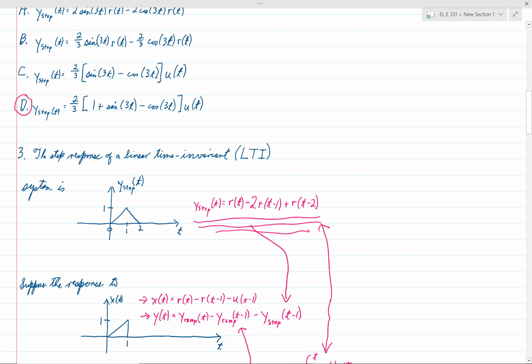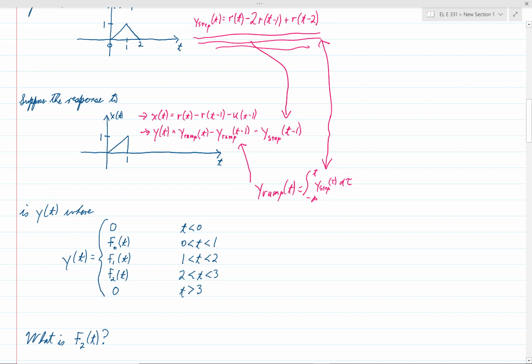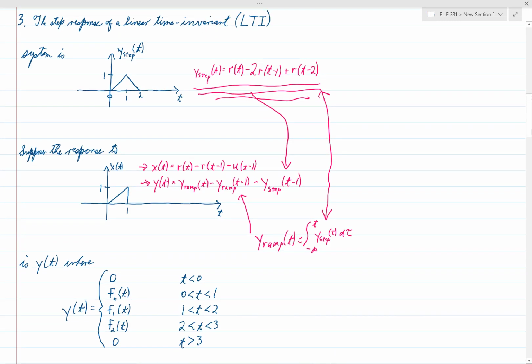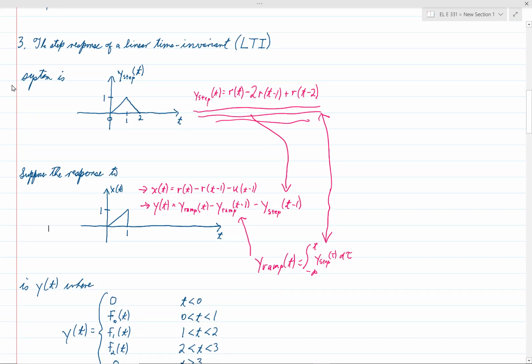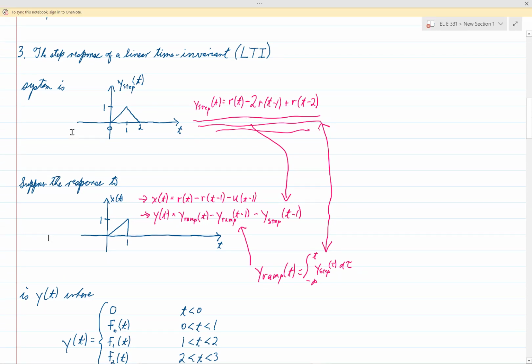So the problem that we're looking at here is shown right here. And by the way, this happens to be problem 2.5D in the textbook. But what we're told is that we have a linear time invariant system.